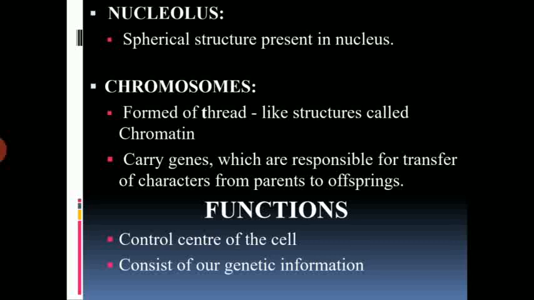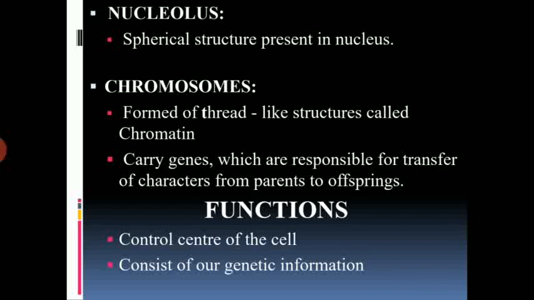This DNA becomes compact and forms chromatin, and the chromatin forms the chromosome. In our DNA, genes are present. Genes are those parts of DNA which contain our hereditary information.